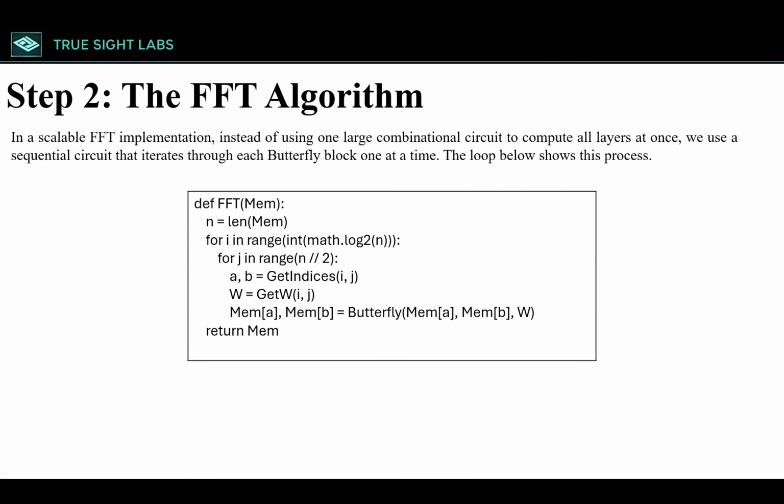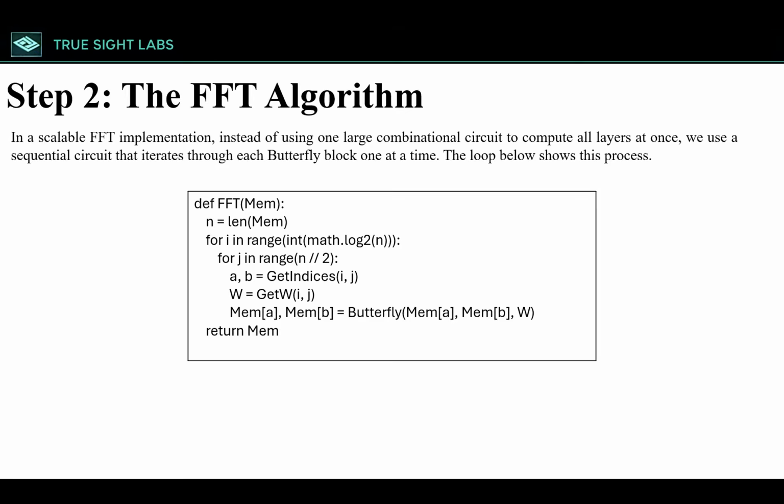The code shown below executes the FFT algorithm that produces each new vector from one layer to the next. This code is especially useful because it shows how the butterfly blocks can be processed sequentially, one at a time. It also serves as a golden reference for verifying that the hardware implementation is correct.